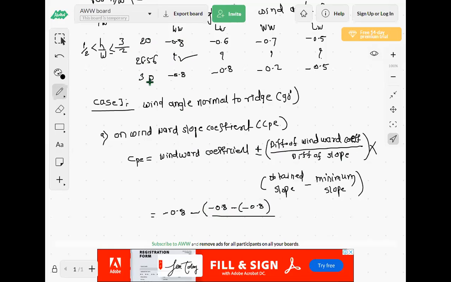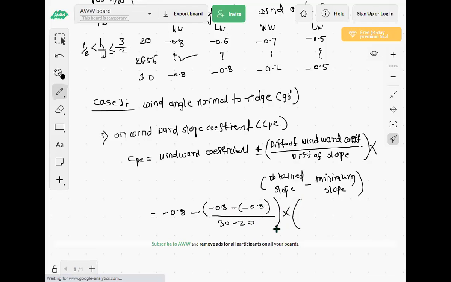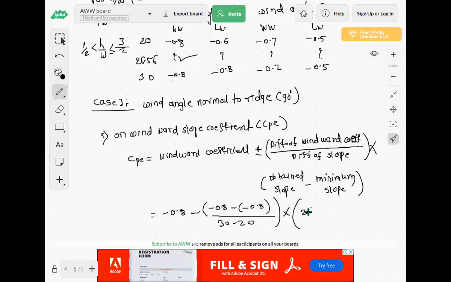The slopes are 20 and 30, so 30 minus 20 is the difference. Into the obtained slope, which is 26.56, and minimum slope, which is 20.